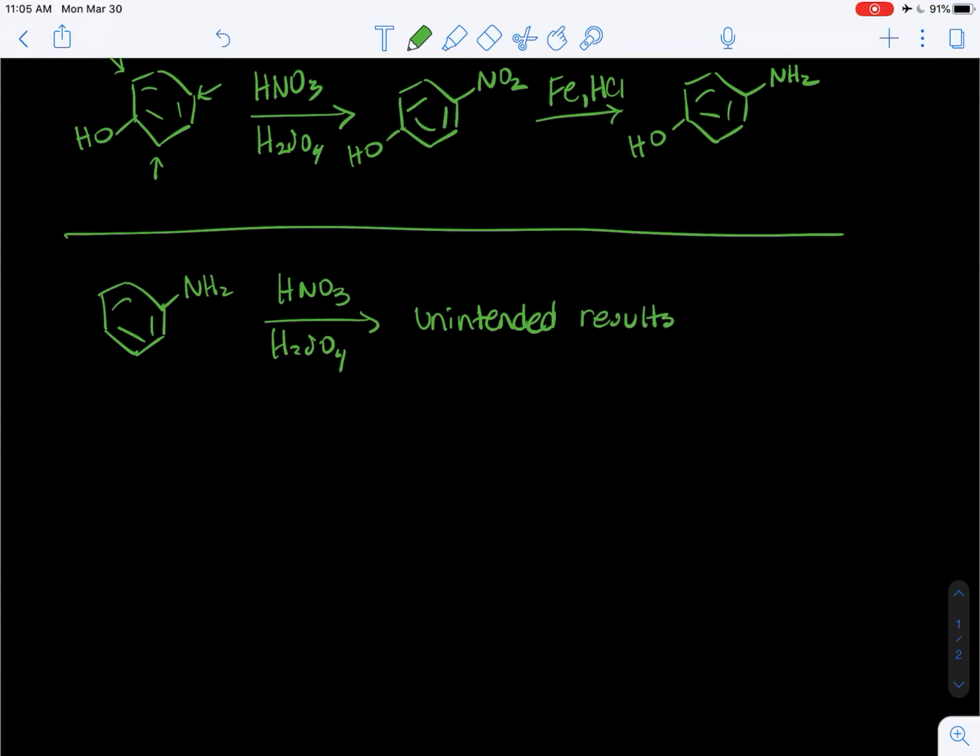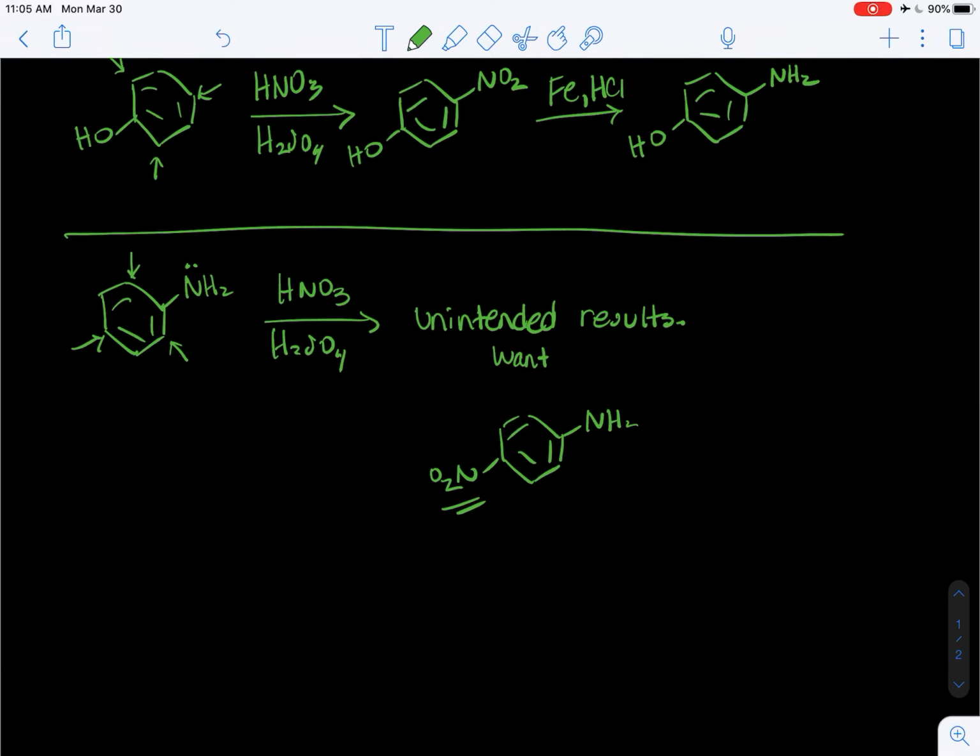Either the chemical reaction wouldn't work, or it would give you the wrong product mixture. Now, normally nitrogen is a strong electron donating group, and we would expect substitution at the two ortho groups or the para position, and we want to get, let's say for example, para-nitroaniline.